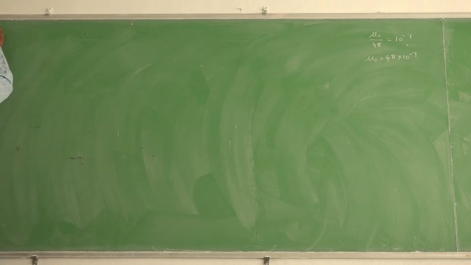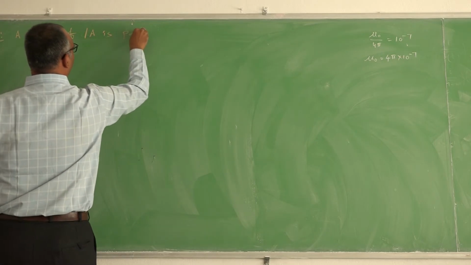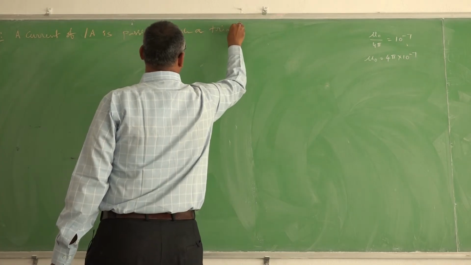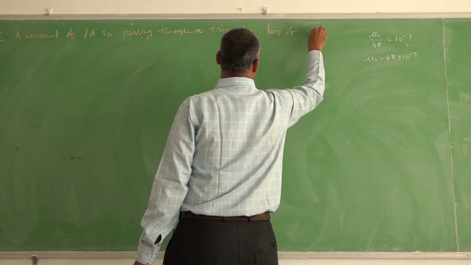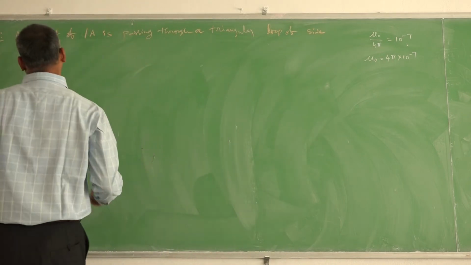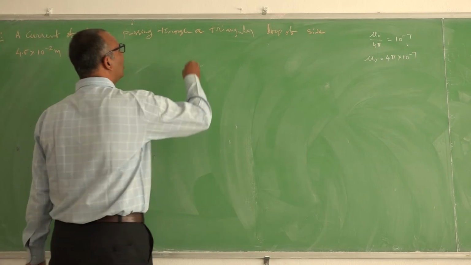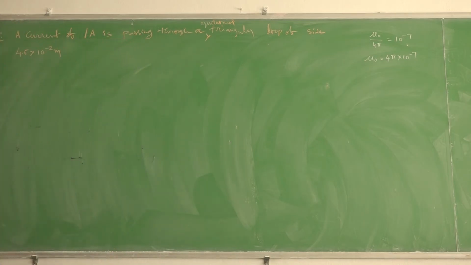Question is like this: a current of 1 ampere is passing through an equilateral triangular loop of side 4.5 into 10 power minus 2 meters.